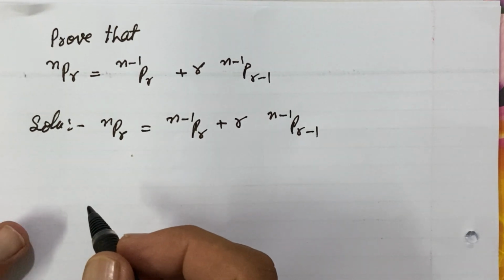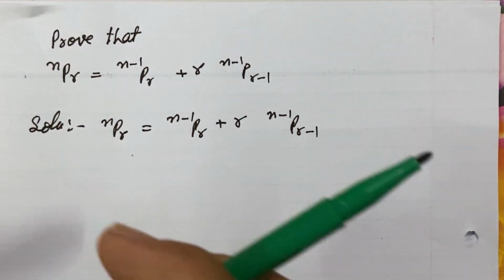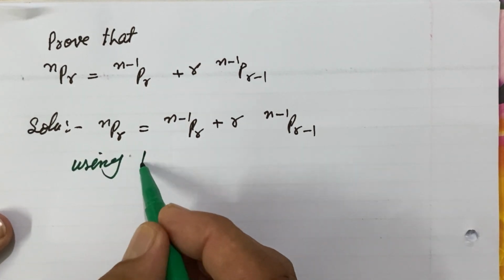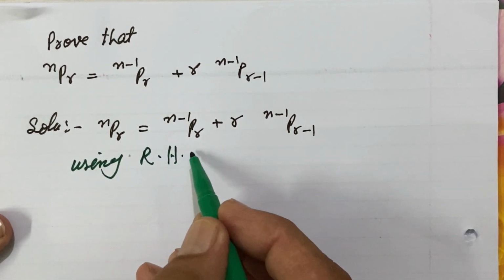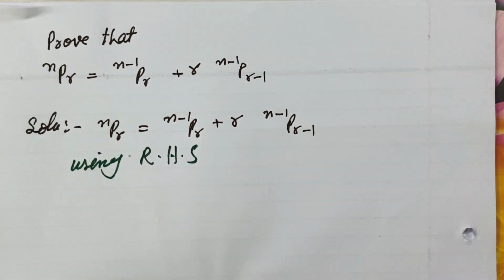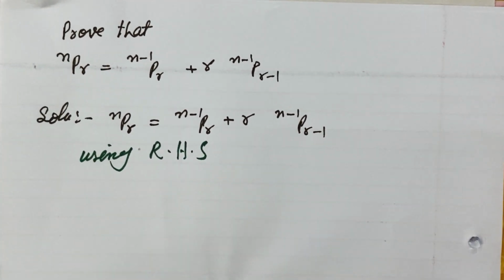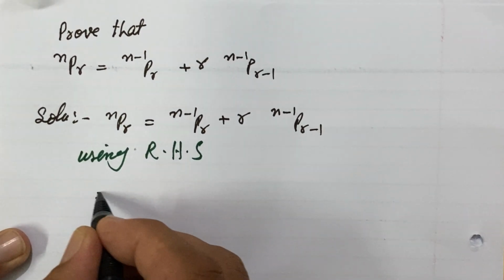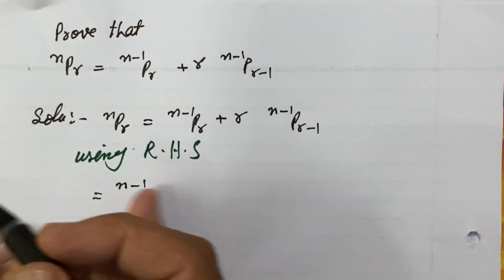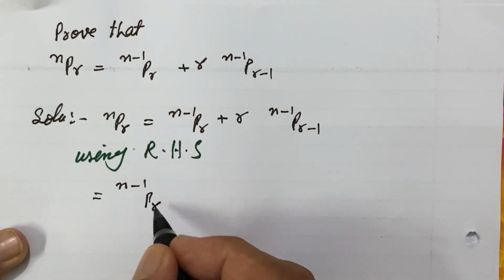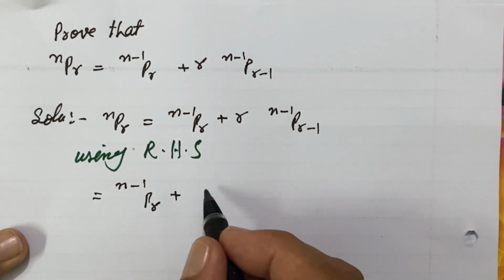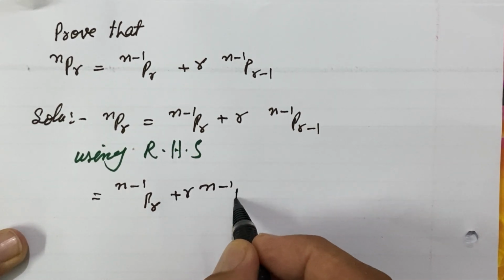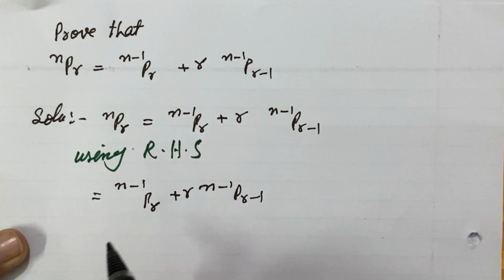Now, by using the right hand side, now it is equal to (n minus 1)Pr plus r times (n minus 1)P(r minus 1).